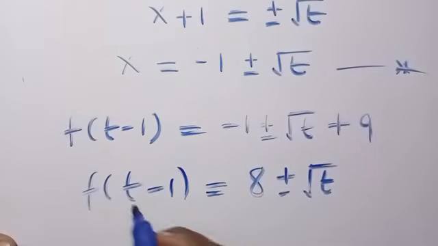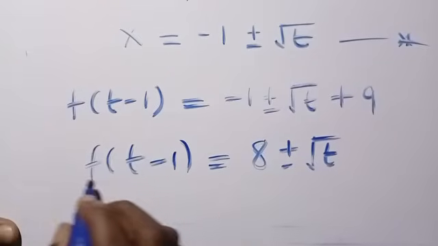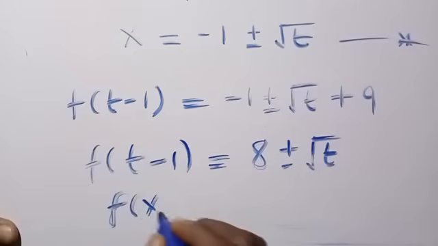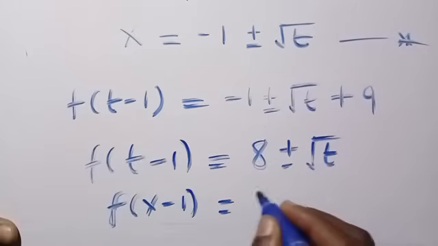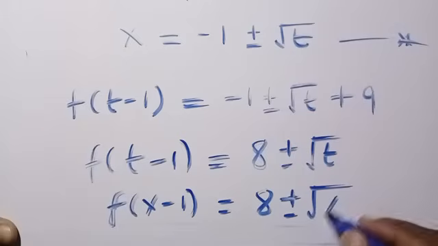But the question here is, we need to find f of x, and both x and t are members of the real numbers. So we just change this t to x, as we have f of x minus 1 equals 8 plus or minus the square root of x.